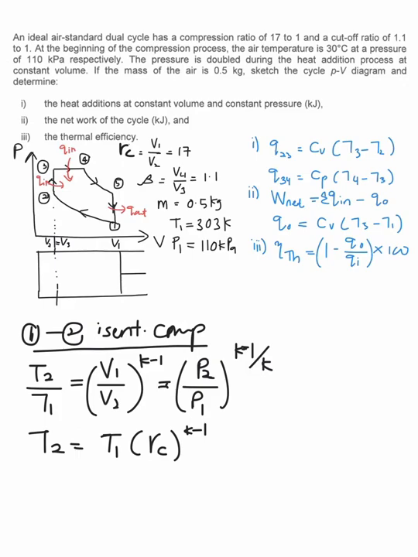So you plug in all the values that you have, which is T1 is 303 Kelvin, and your compression ratio is 17. K here is actually your gamma for air, which is 1.4. So 1.4 minus 1, you get 0.4 over here. So you will get 941.07 Kelvin for the temperature at 2.